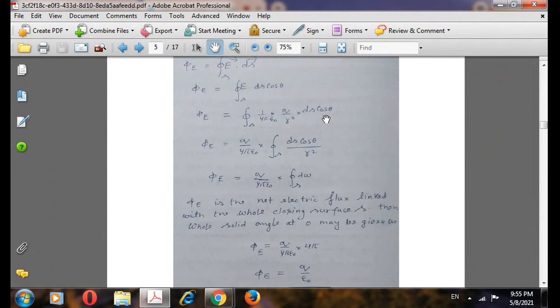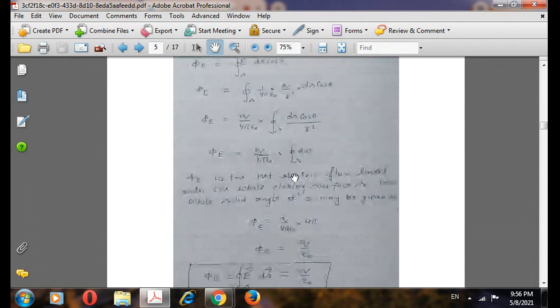All the constant quantities will come out of the integration. Outside we take q upon 4 pi epsilon naught, very simple, and inside the integration ds cos theta upon r square remains. But you know that ds cos theta upon r square is the small solid angle d omega.